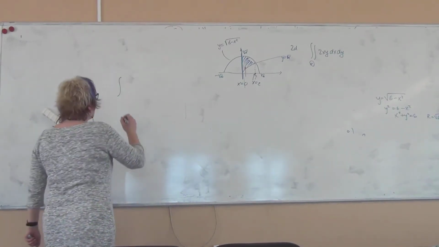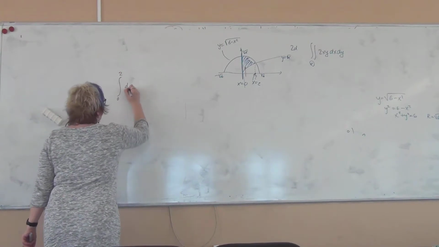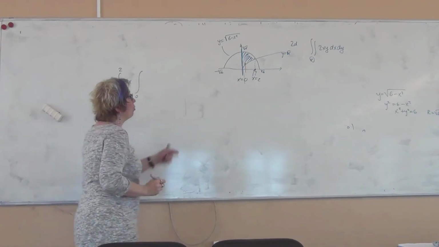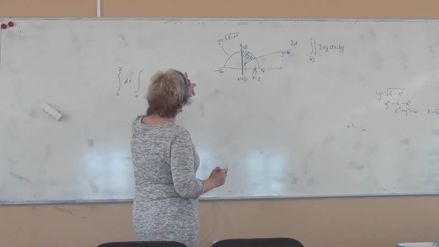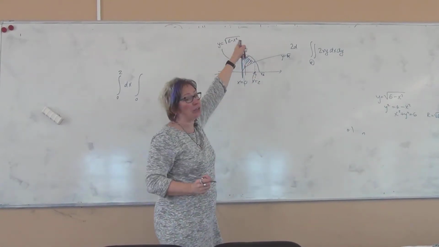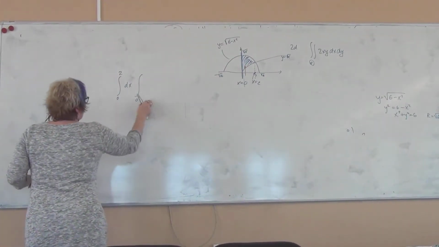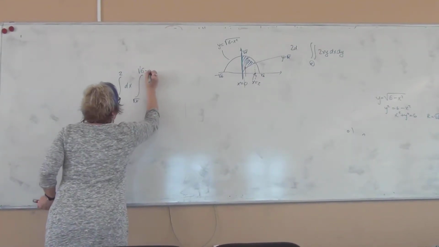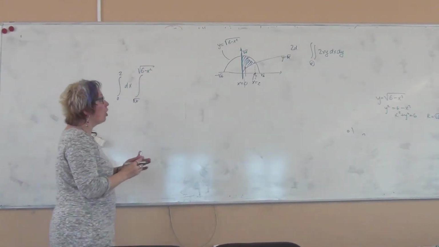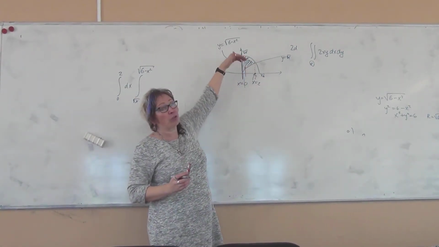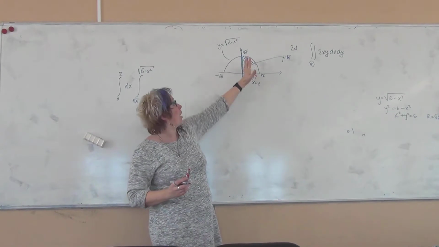Okay, so x from 0 to 2, y goes not from 0, but from square root of x to square root of 6 minus x squared, from the entrance point to the exit point, so from the lower curve to the upper curve.